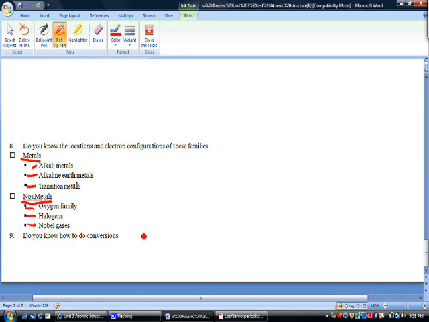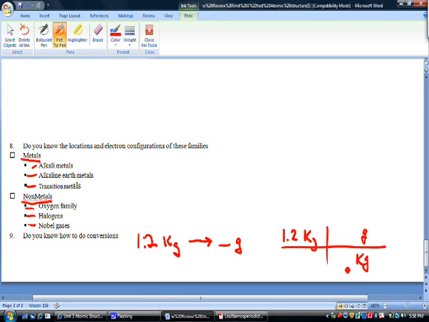Of course, don't forget that you could be asked to do a conversion kind of problem at any time in your future. Remember, the kind of thing where we have 1.2 kilograms and I want to convert that to grams, I have to set up the problem like this. 1.2 times a kilogram, and I'm going to use a conversion factor here, putting kilograms on the bottom and grams on the top.